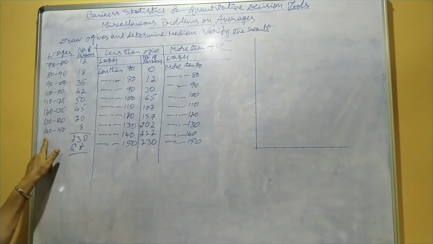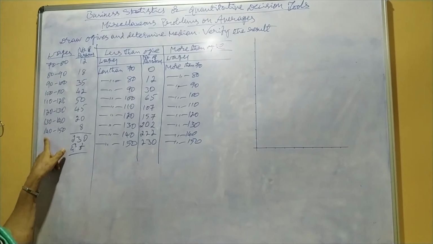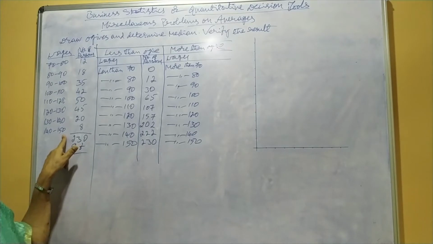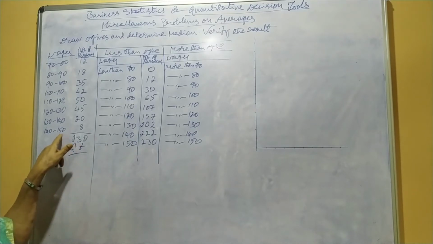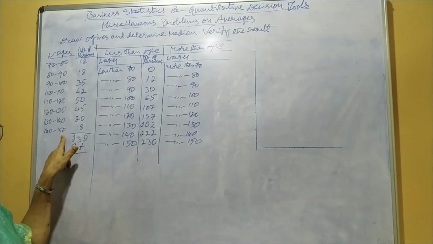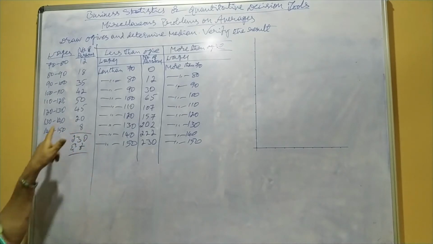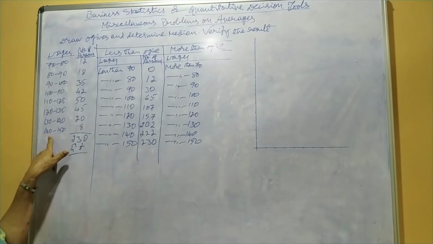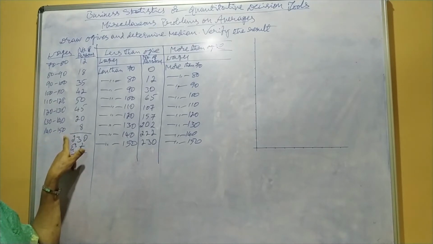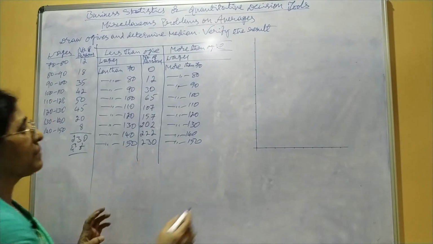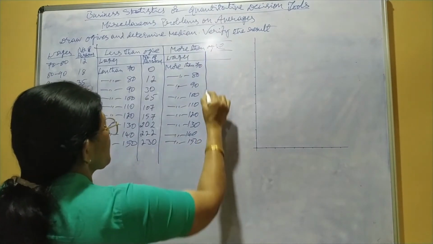Now here we have not stopped at the point more than 140. We have taken even more than 150. Even though it is known to us more than 140, no persons are there. Here, what does it mean? 8 persons wages more than 140 but less than 150. More than 150, no number of persons. That means it is 0.